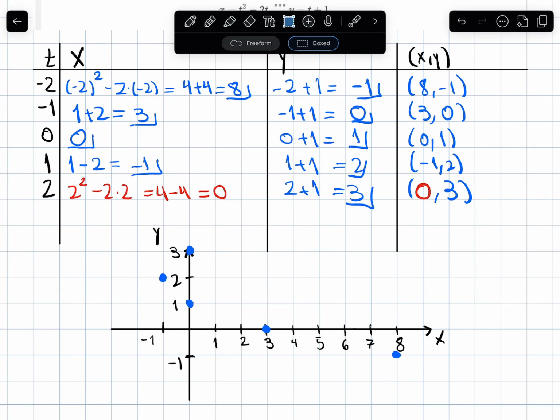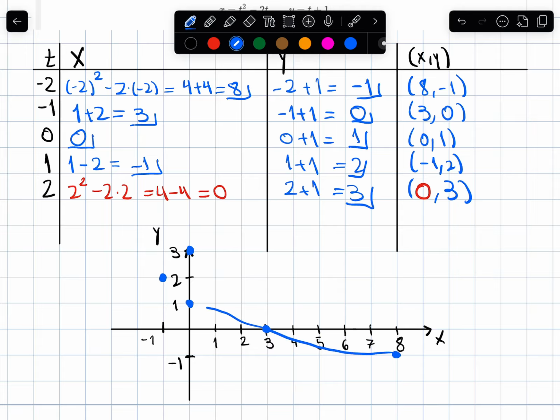Okay. And of course, we're not going to plug in all values of t, let's say between 0 and 1, or between negative 1, like 0.1, 0.2, 0.3. We're not going to plot these. But generally, it's safe to assume that if you did, these will be connected by a smooth curve. Everything here is smooth.